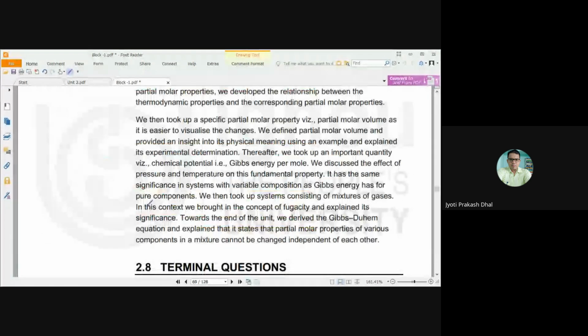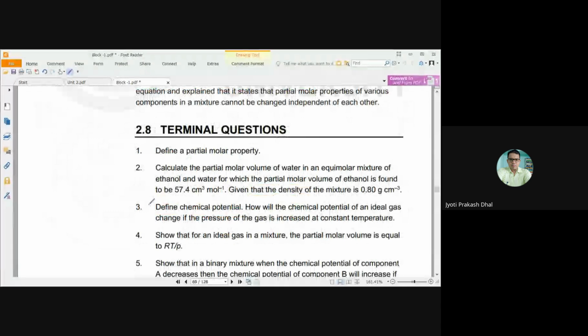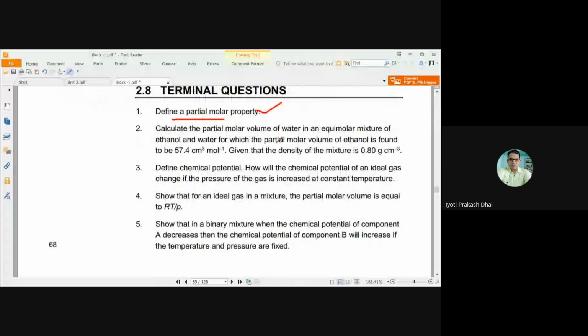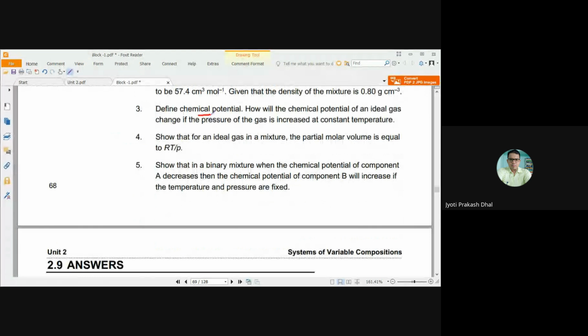So this is about unit 2, and some terminal questions are there. From the terminal, defining partial molar property, you can easily solve that one. This is another numerical problem. Today we have also solved this type of numerical question. And the third one is define chemical potential.